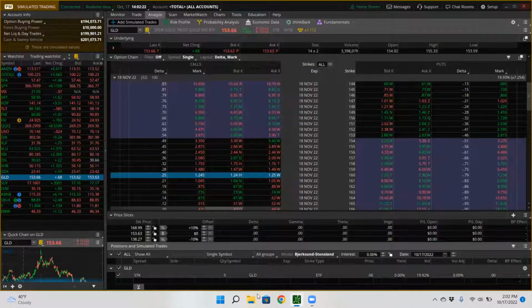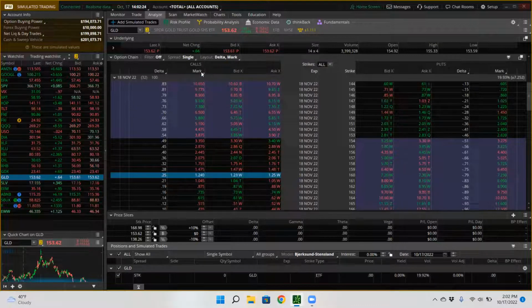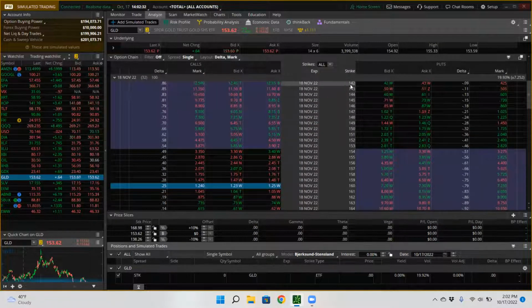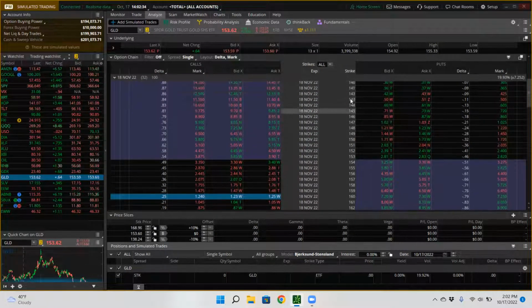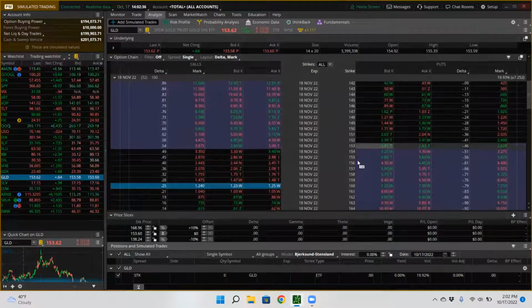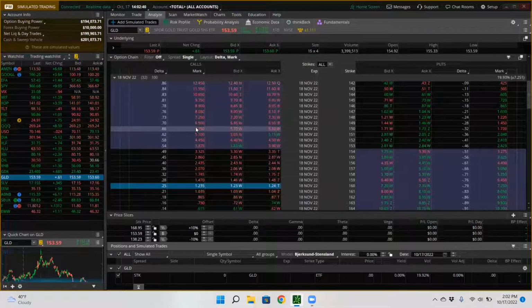The basic chart setup is that calls are on the left and puts are on the right. This looks a little bit backwards because the strike prices start off lower at the top, and then increase as we go down the page. Anything in this bluish color is considered in the money.